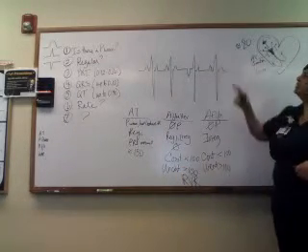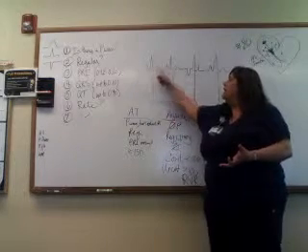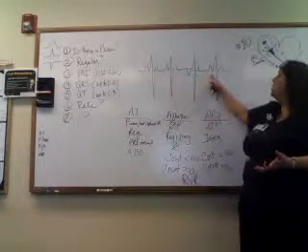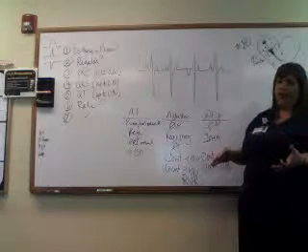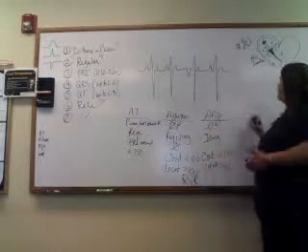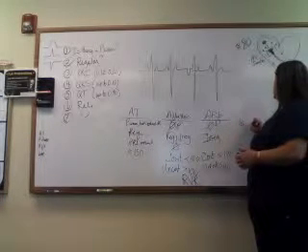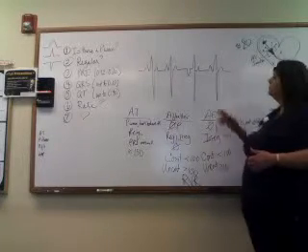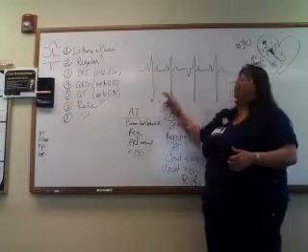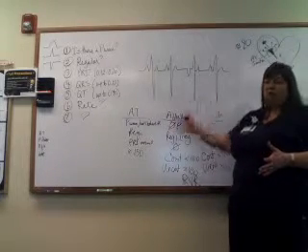Okay, so let's go back to our questions. Is there a P wave? Well, there is a P wave for every QRS, but it is not the same shape and they all look different, okay? So yes, there's a P wave, but they're different from P wave to P wave. Yes, but different. Now, is it regular? Because it's going at that speed, you're going to have fairly regular.